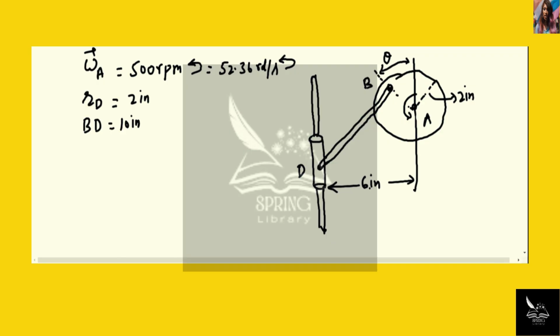We have to calculate the acceleration of the collar D. Find the acceleration of collar D for part A, where theta is 90 degrees, and part B, where theta is 180 degrees.